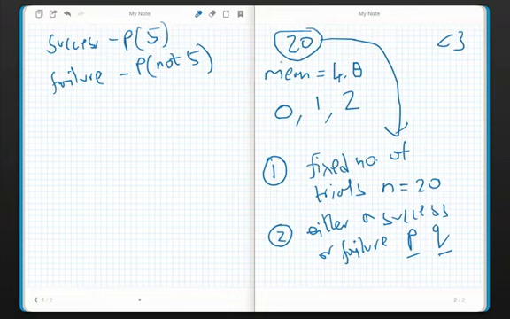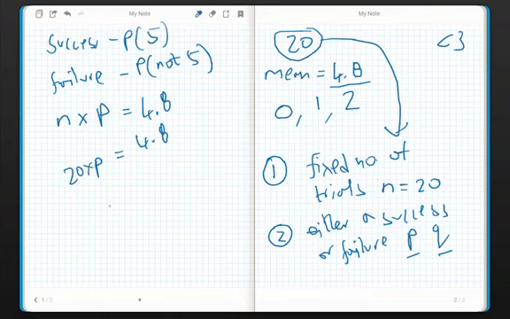Now, if we have the mean number of fives, in this case 4.8, we can use a formula: the number of trials n times the probability of success p is equal to our mean, 4.8. So we have 20 times p is equal to 4.8, and the probability of getting a 5 is 4.8 divided by 20, equal to 0.24.